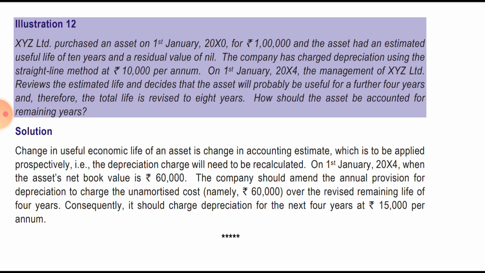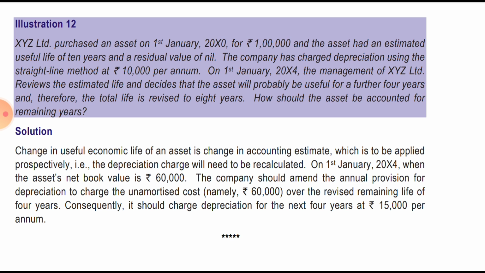The management of XYZ Limited reviewed the estimated life and decided that the asset will probably be useful for a further 4 years. So see, what they were given is that after 4 years they have said it will be available for a further 4 years.